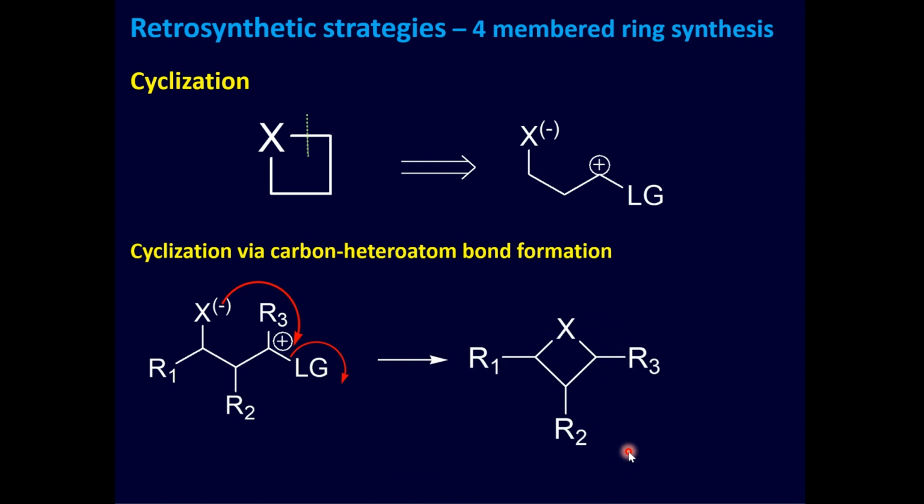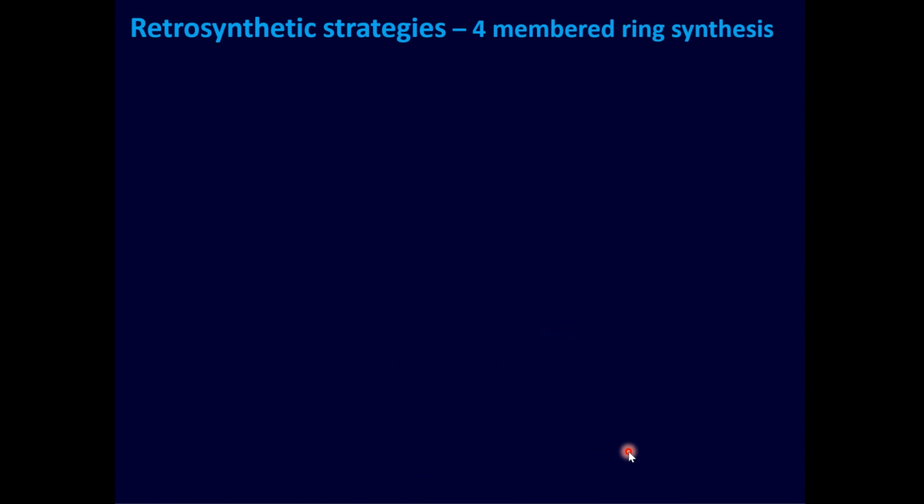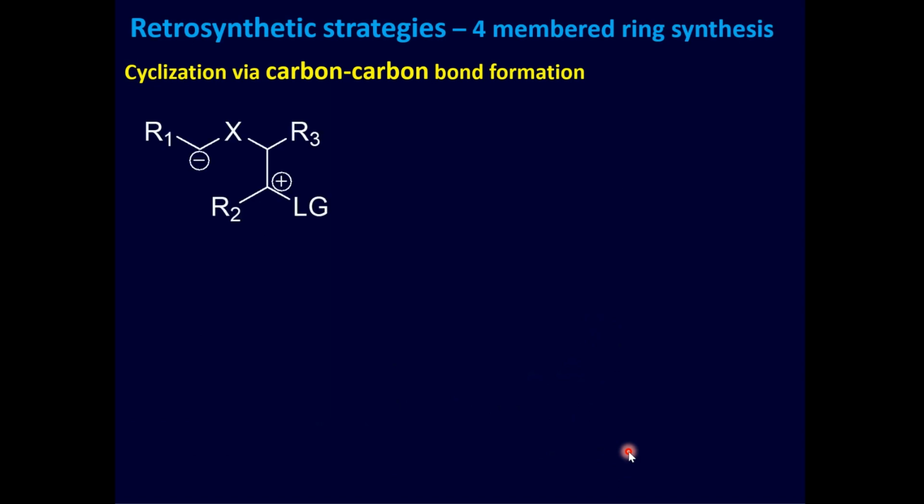The same cyclization can be effected by formation of a carbon-carbon bond. That is cyclization via carbon-carbon bond formation. In this case, we take a molecule with a heteroatom and an alkyl group attached.